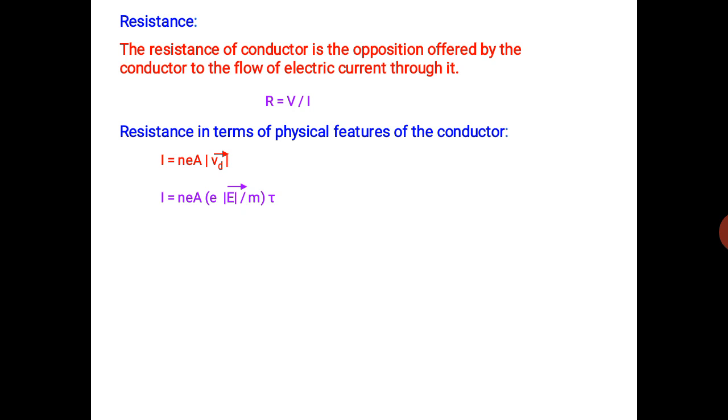The electric current I, we calculated in the previous class as n e A vd, and we already know the expression for vd, the drift speed. How do we calculate this drift speed?